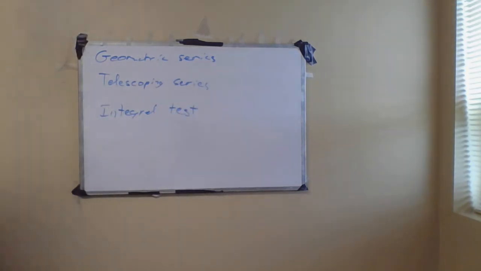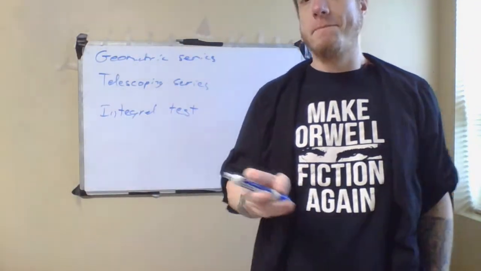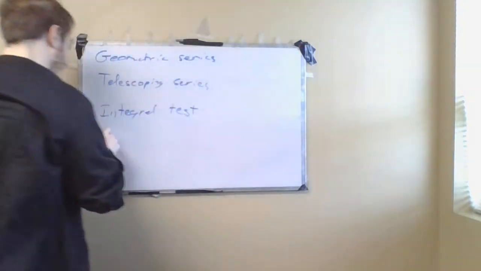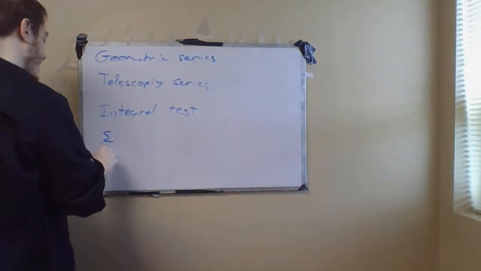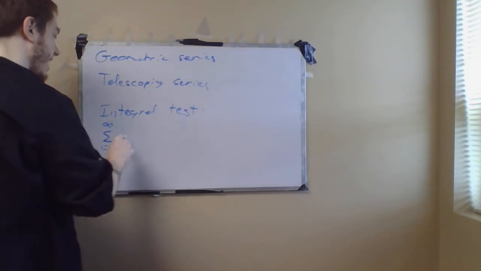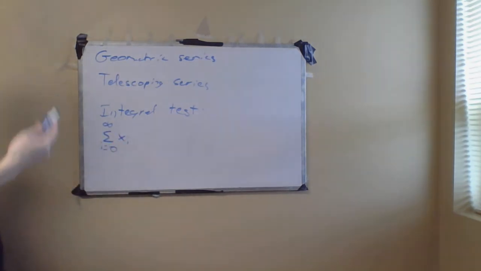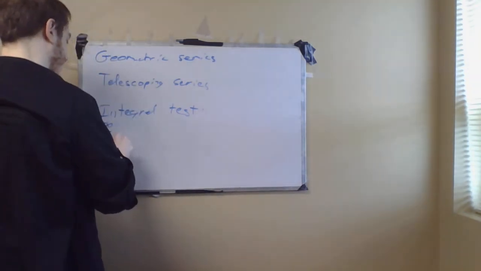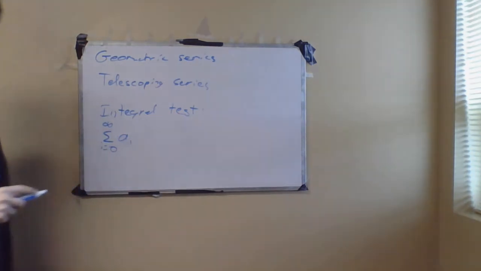The integral test, remember, said the following. Suppose that we have the sum from i equals 0 up to infinity of these a sub i's. I'm calling them a sub i rather than x sub i because I'm going to use x for something else in a moment.